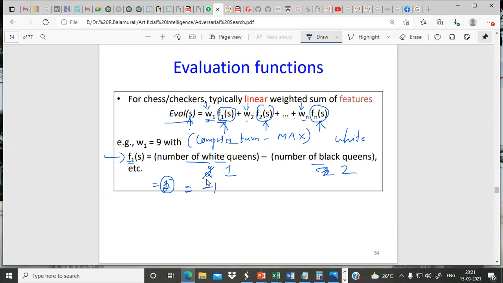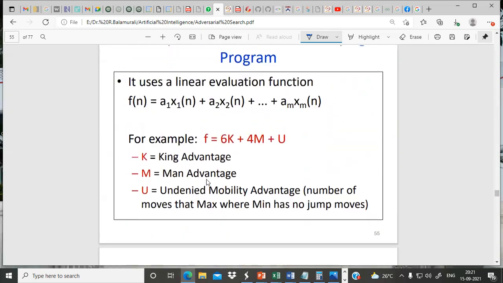Fine. So here is an example for the checkers game. The evaluation function is given like this: as usual, f of n is equal to a1 x1 of n plus a2 x2 of n, so on and so forth, plus am xm of n. Instead of w1, w2, here we are using a1, a2, am. So this is a generic evaluation function.